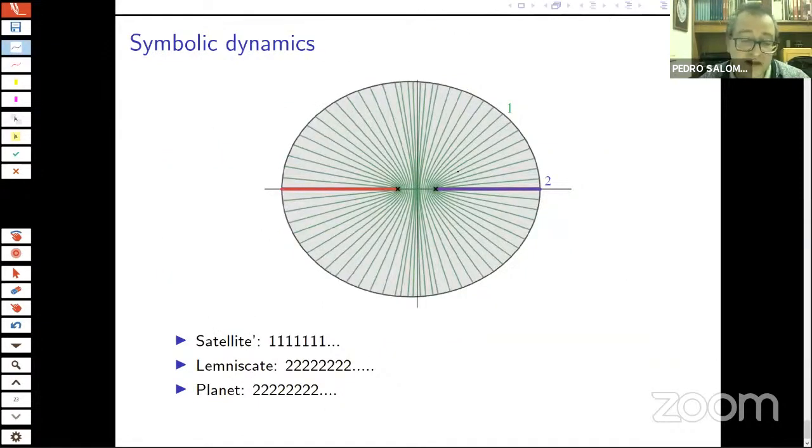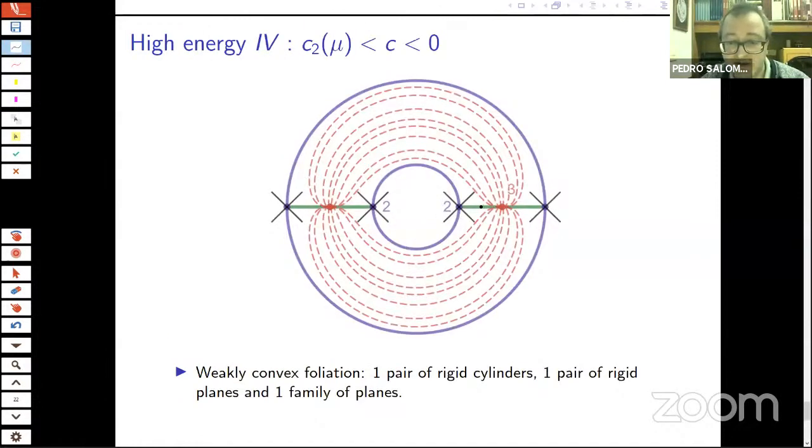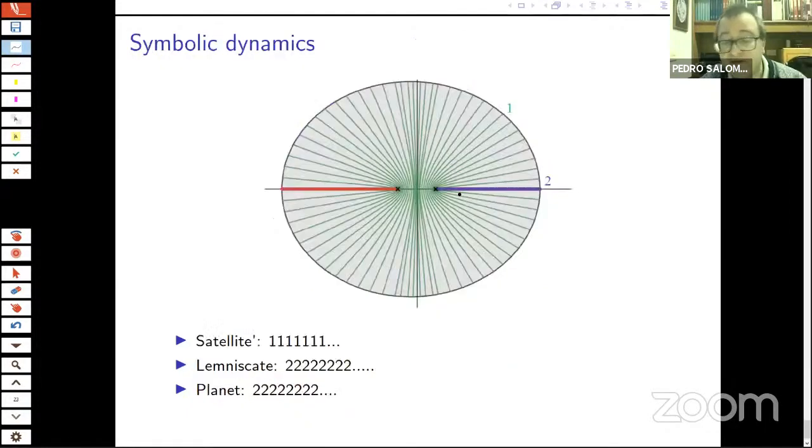And finally, just to mention that we can take the rigid leaves of these transverse foliations, like the purple and the green ones, and construct a symbolic dynamics. Every time the trajectory crosses these leaves, we associate a symbol, like 1 or 2, and in this case, for higher energies, we have a symbolic dynamics with only 2 symbols.